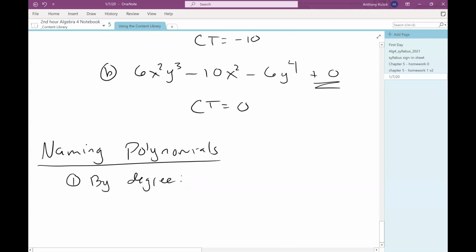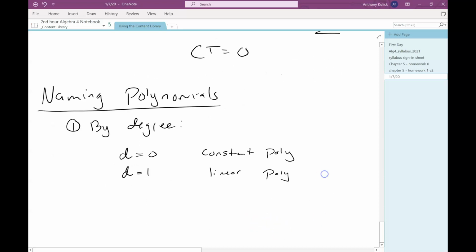So if the degree is 0, we call that a constant polynomial. If its degree is 1, we call that a linear polynomial. Degree is 2, that's a quadratic polynomial. Degree 3 is a cubic polynomial. Degree 4 is called a quartic polynomial.